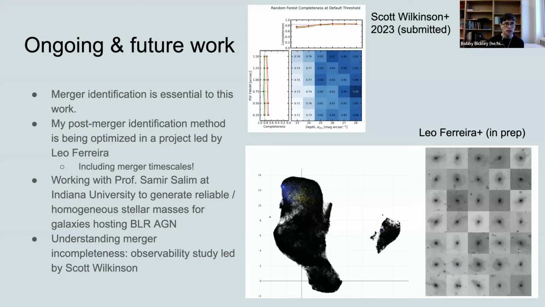My post-merger identification approach is currently being optimized. I'm working with a colleague of mine, Leo Ferreira, also a postdoc here at UVic, to optimize this using a really massive training data set that we generated. I talked about making mock observations earlier.